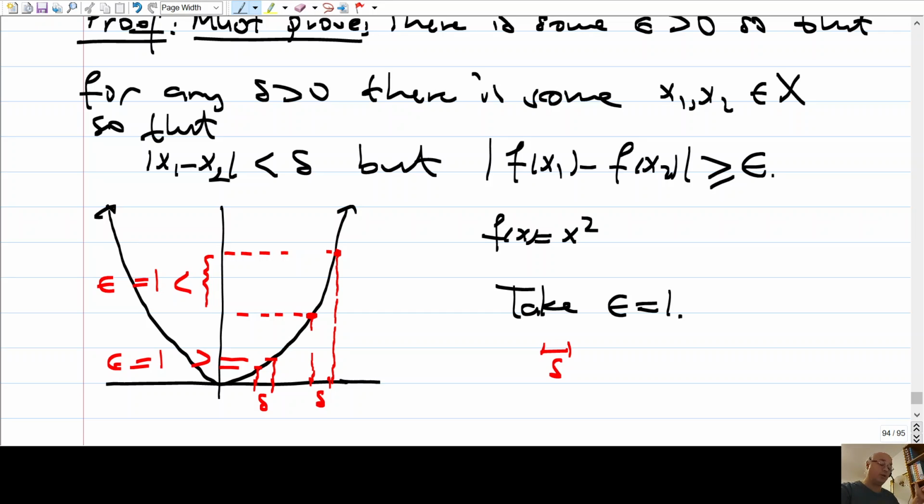In this case I took epsilon 1, but for the x squared function it will work for any epsilon. Maybe you have to move further to the right, but at some point it will exceed your epsilon.